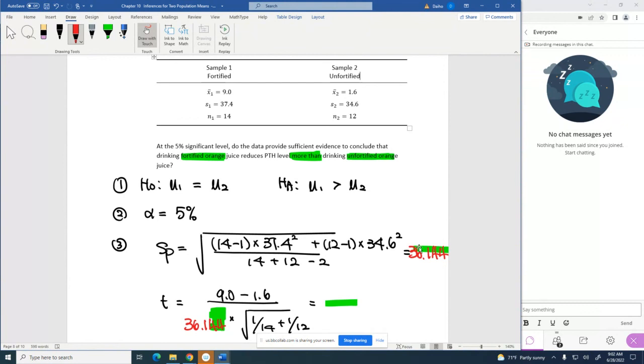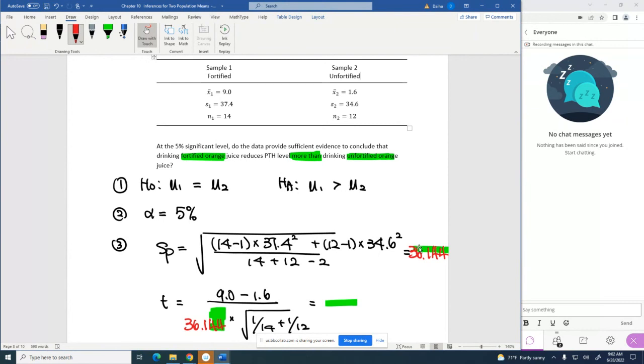So first you start with 1 over 14, and continuously plus 1 over 12, times square root, times S_P, 36.144.